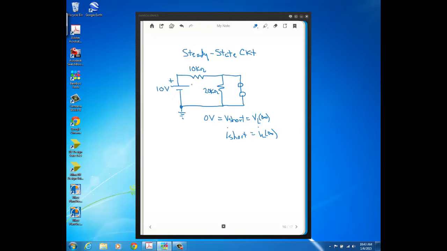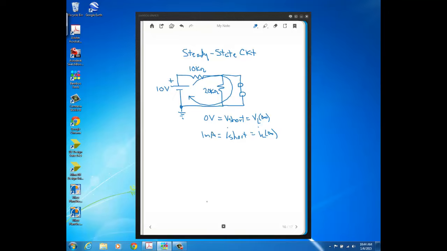And just like we saw in the capacitor problem, we have the same sort of setup here where since you have a short in parallel with the resistor, all the current ideally goes through the short, none goes through this 20K that's across the short. So you're going to get 10 volts divided by 10 kilo ohms, which is just a milliamp.